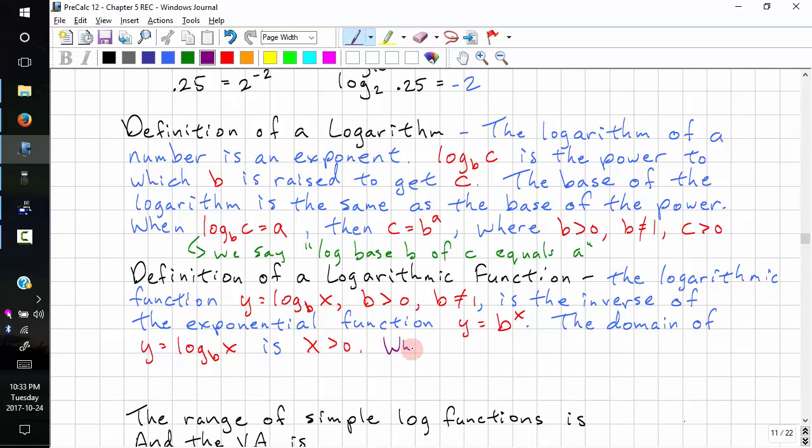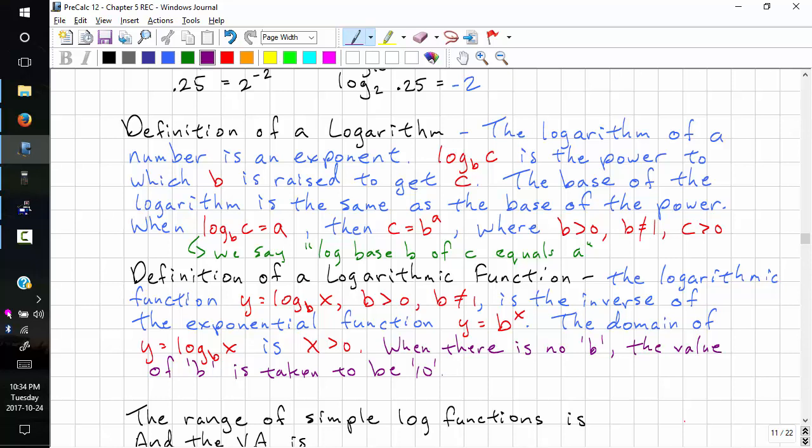Now, when there is no b, the value of b is taken to be 10.